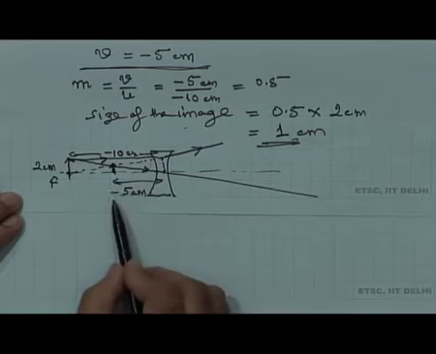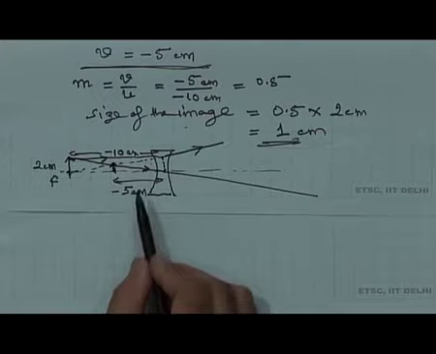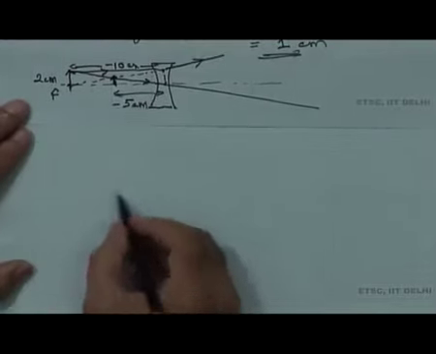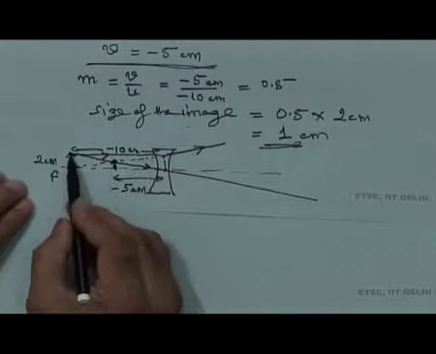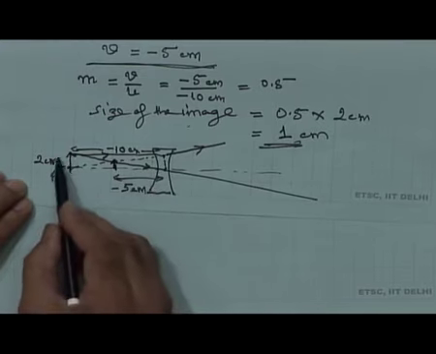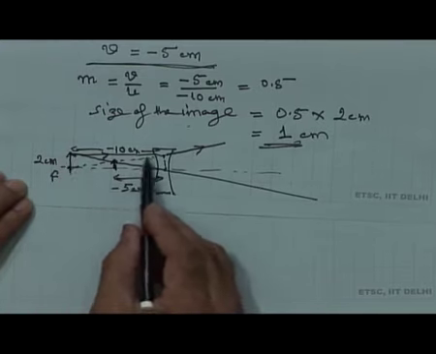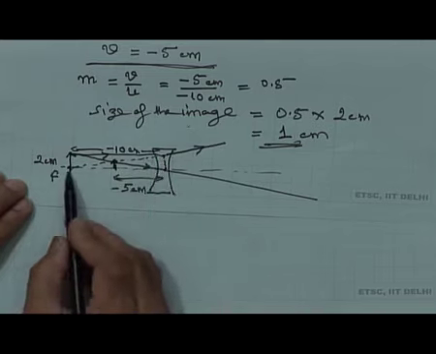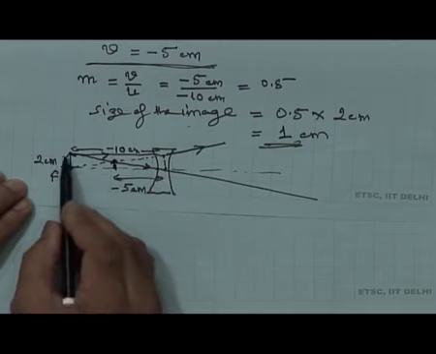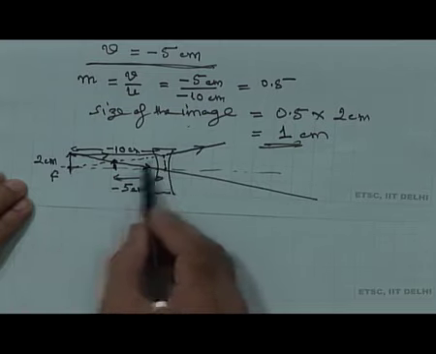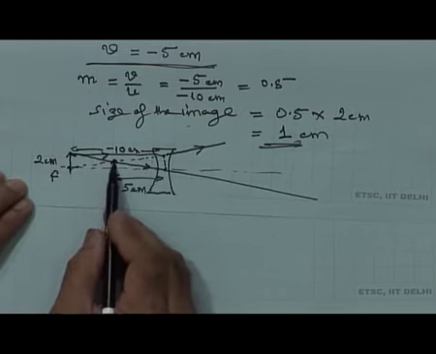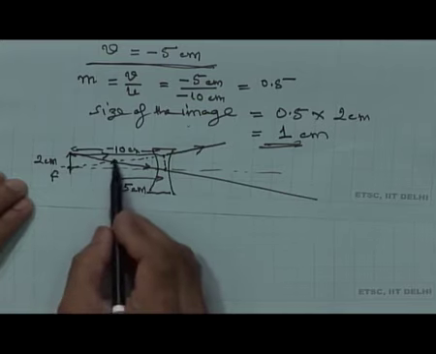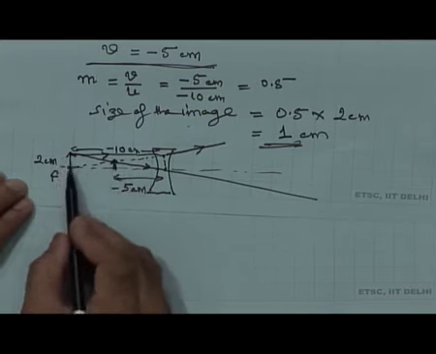This is what we see now: this is 1 centimeter height, this is minus 5 centimeter. This is almost obvious if you see the geometry carefully, that this is a triangle where this is 2 centimeter, a parallel ray comes here, therefore, this is also height 2 centimeter, this is 10 centimeter, and therefore, the two diagonals will intersect at half the distance, which is minus 5 centimeter, and the height will also be equal to half the object height.